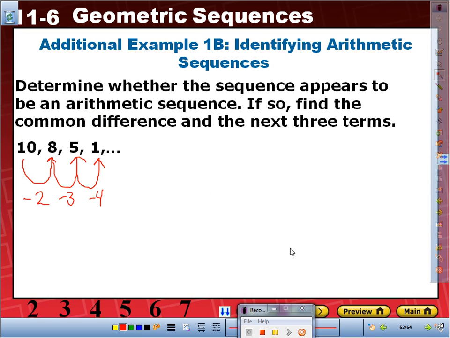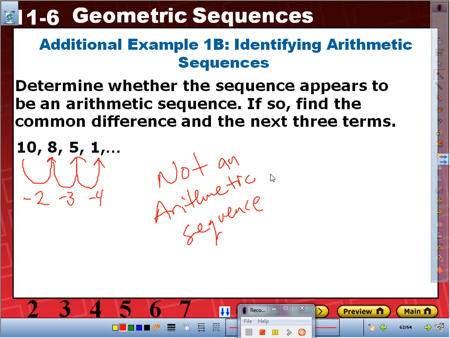So therefore, since this one does not have the same number for all three, this is not an arithmetic sequence. And we're done. We don't have to find the next three numbers in the pattern. Yeah, that's fine. Everybody get it? So when there's a pattern, it is an arithmetic sequence, but if it doesn't have it, then it's not. All right, let's move on to the next one.